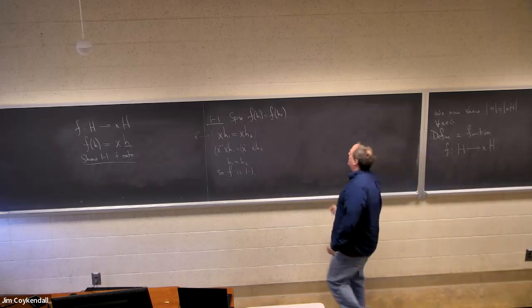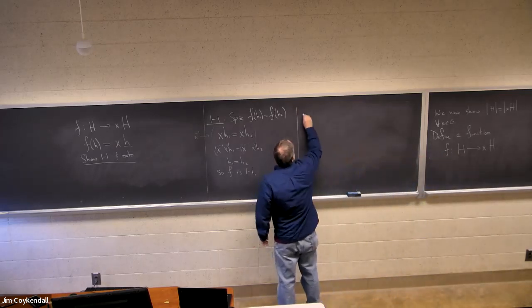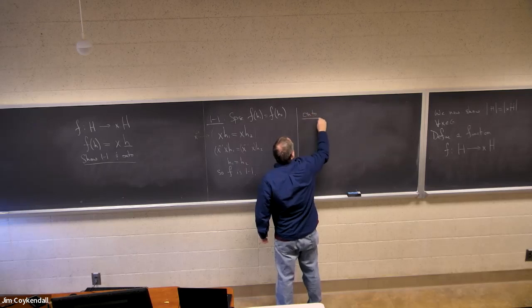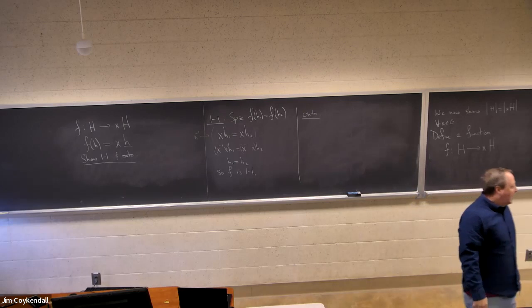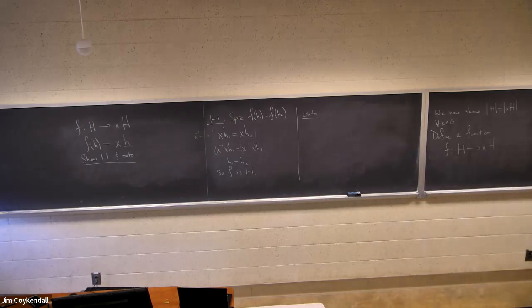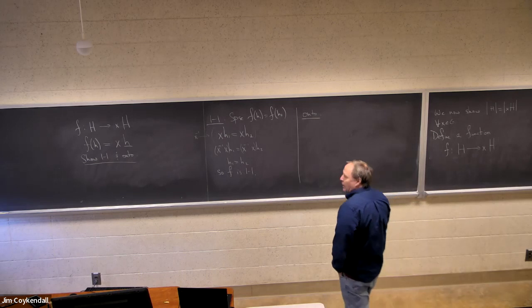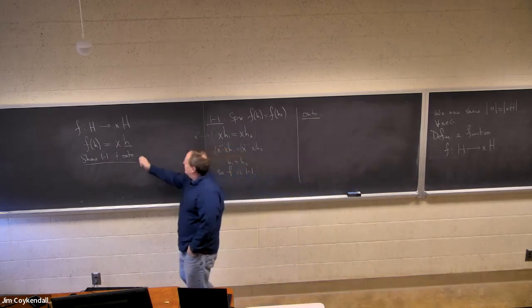How about onto? Onto, actually, in this case, might be a little bit easier. What does it mean to be onto? It means nobody is lonely over in XH. Everybody's got a dance partner. So what does a typical element of XH look like?